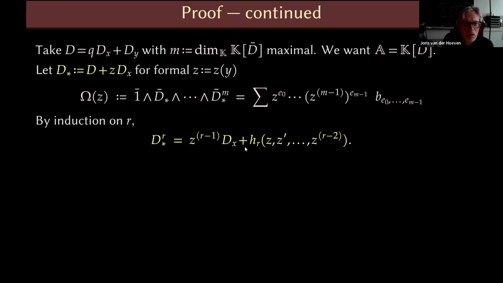So the leading thing would be of this kind, and by induction on r, when we do this several times, one can easily see that all these derivatives are of the form: there is the r-1 derivative of z multiplied by dx, and then some other stuff where the r-1 derivative of z no longer occurs.